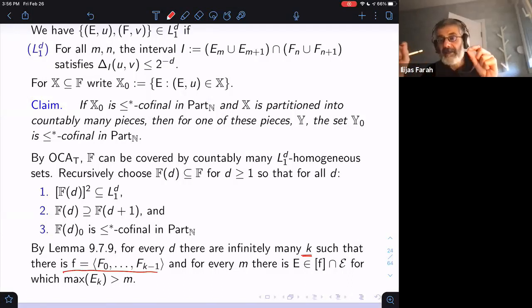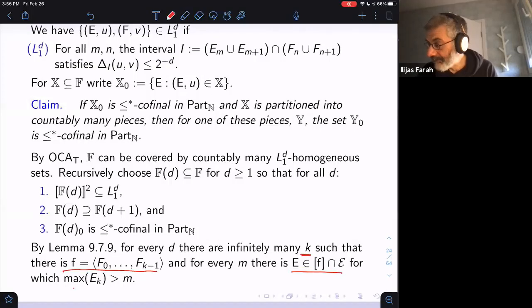It was saying for any fixed sequence such that, remember, we are talking about everywhere unbounded subsets, any sequence such that in that basic open set our set is unbounded, we can find a further subsequence which has this property. So we have infinitely many of those. And for every m, there exists E such that the maximum of E_K is greater than m.